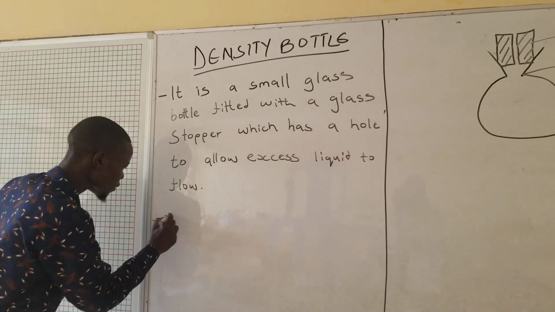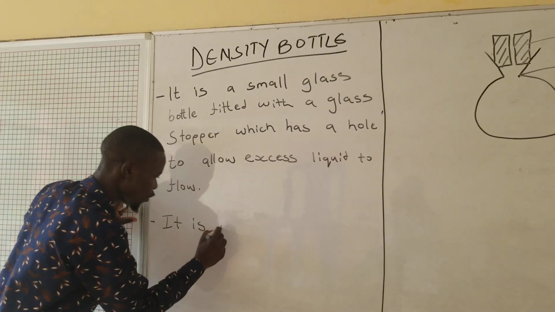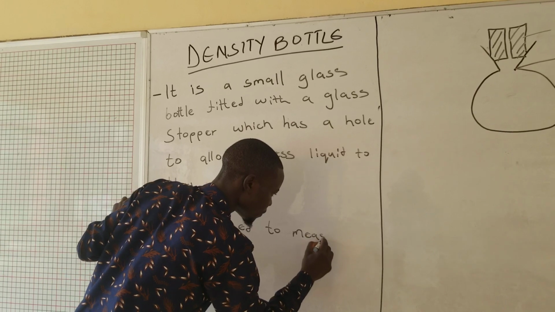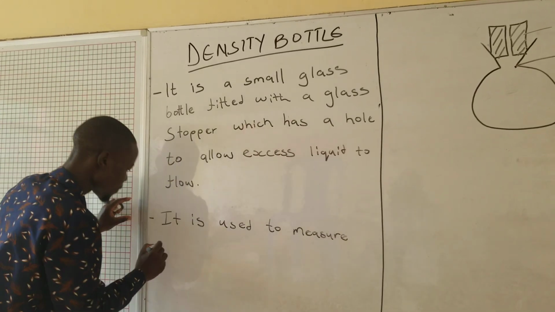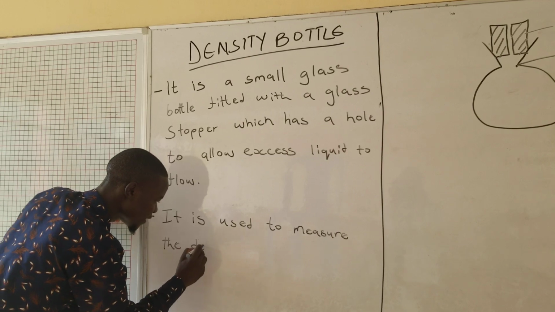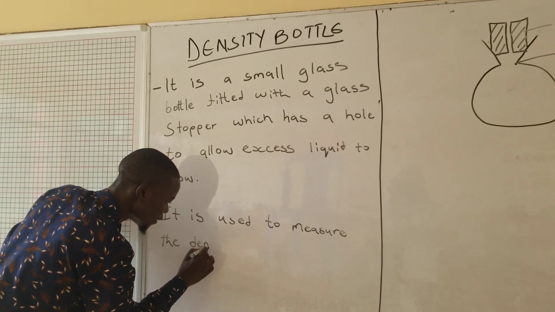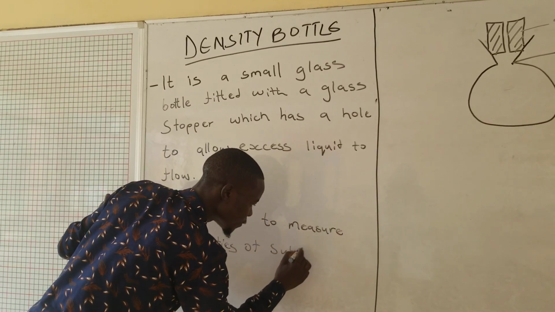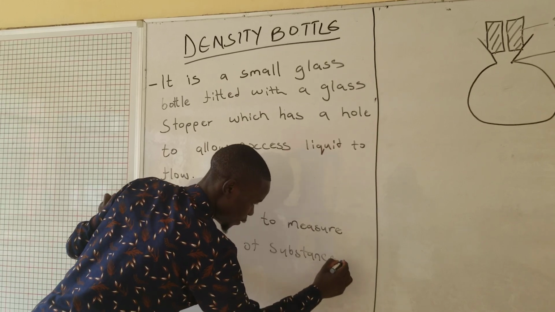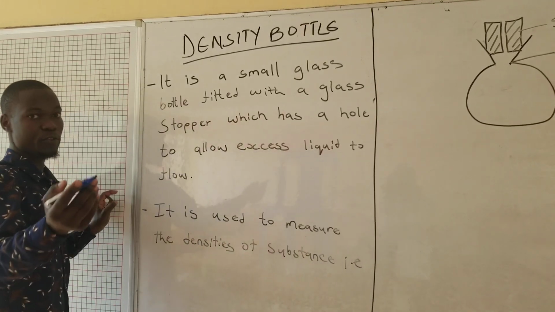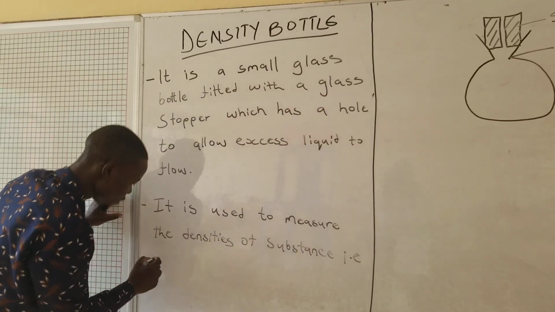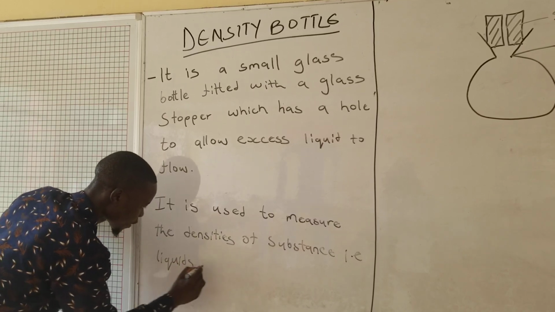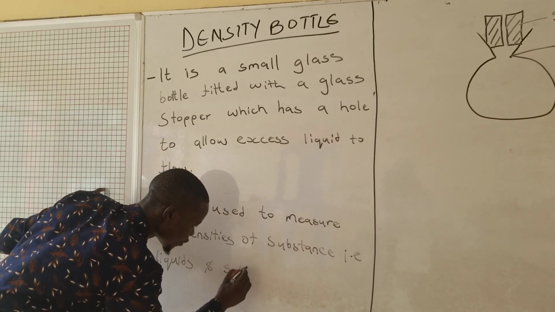The density bottle is used to measure the densities of substances, i.e. some of the substances that you can use to measure their densities using a density bottle are liquids and solids.